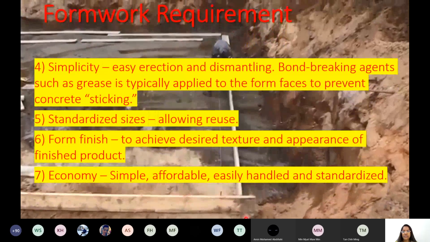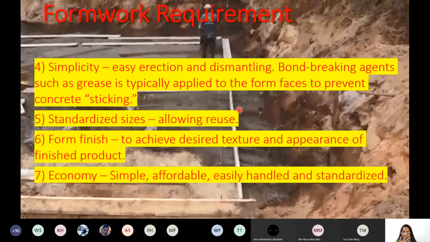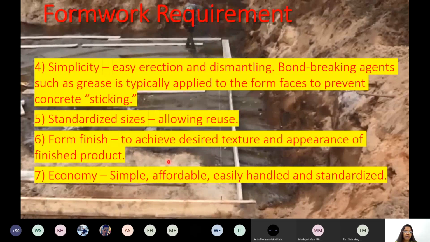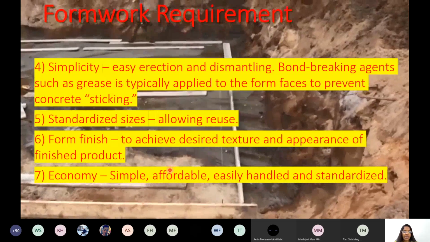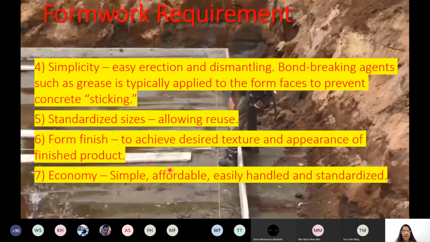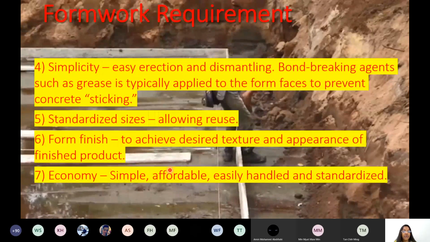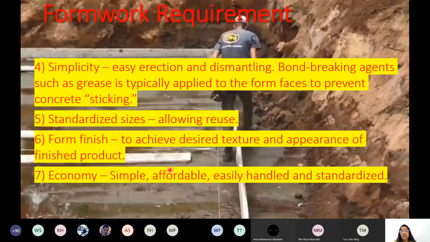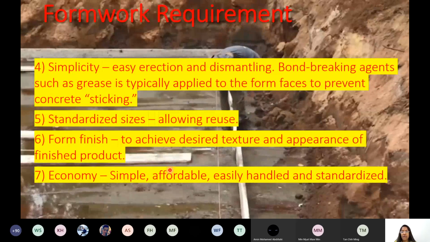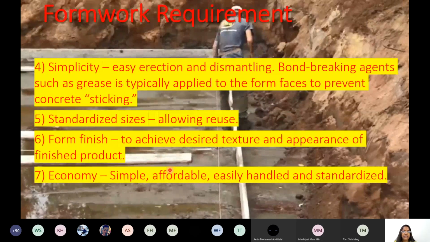Easily handled and standardized, so you can remember and install at points wherever you need, and supply wherever it is necessary. So it's important to use simple, affordable, handleable, economic materials.